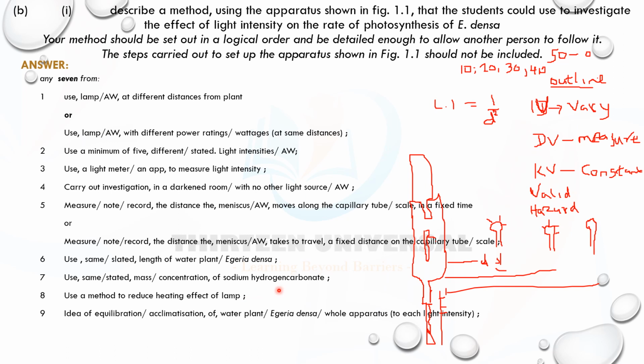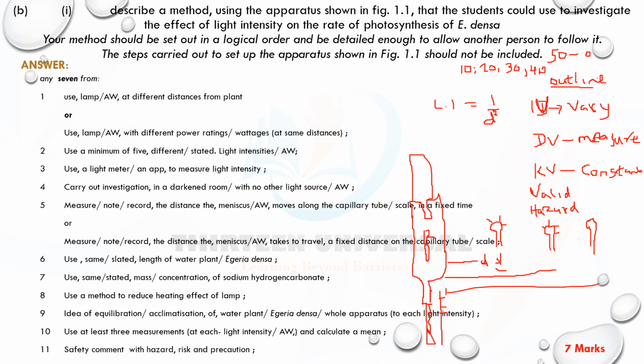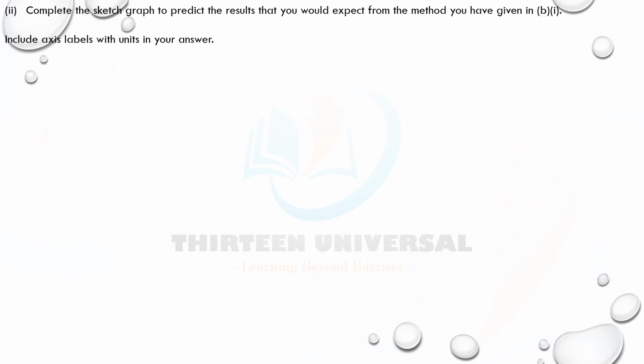Also there is the idea of equilibration, acclimatization in the light before you start measuring the distance moved. So calculate the mean. 7 marks. Quickly, complete the sketch graph to predict the result that you would expect from the method you have given.